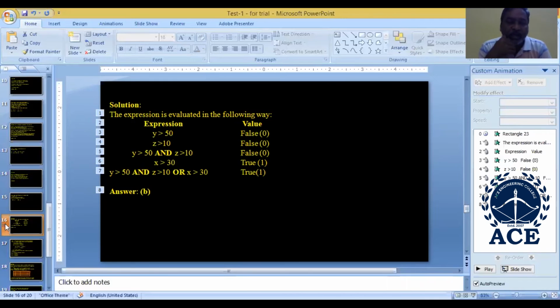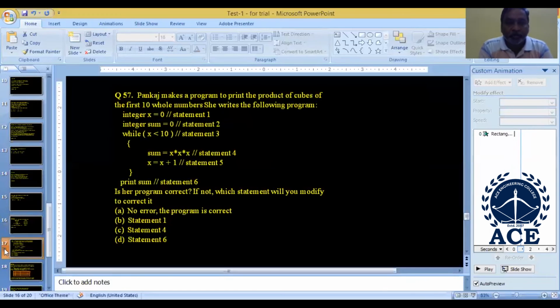And the final expression, y greater than 50 and z greater than 10 or x greater than 30, which is 0 and 0 or 1. 0 and 0 is 0, 0 or 1 is 1. So the answer is 1. B is the answer. We'll go to the next question.